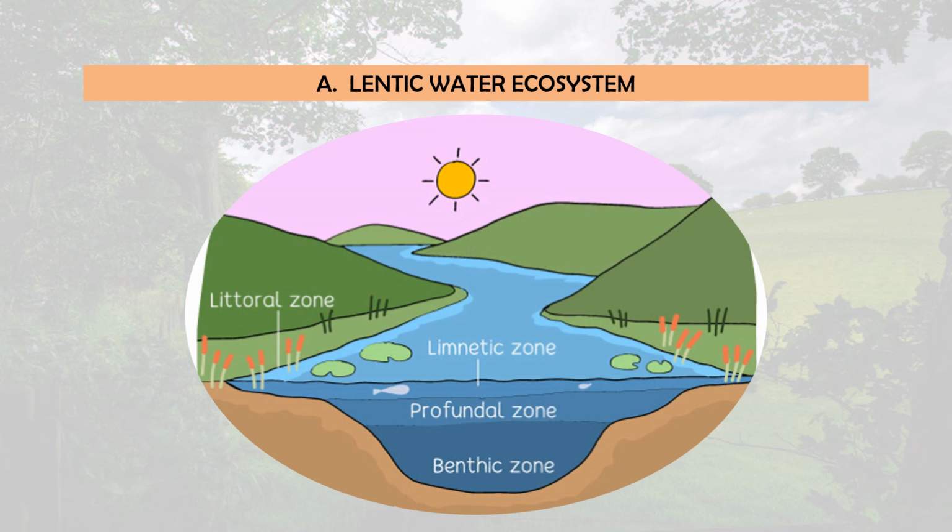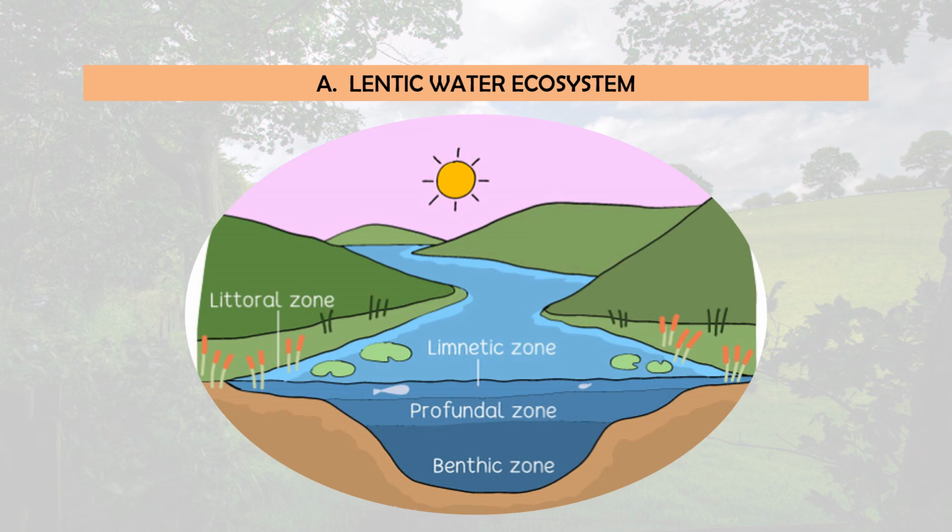The littoral zone is the shallow water region of the pond or lake that is close to the shore with light penetration to the bottom. So it is typically occupied by rooted plants, and limnetic zone is the open surface waters, and they are away from the shore.